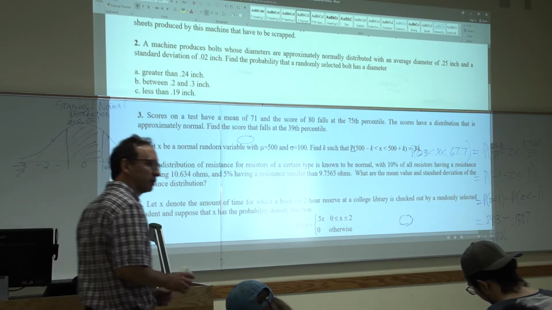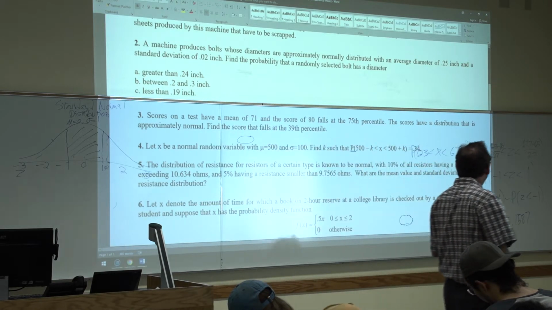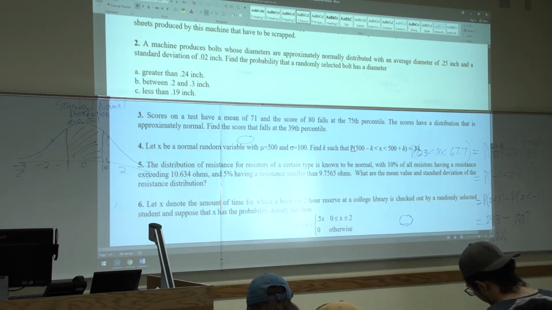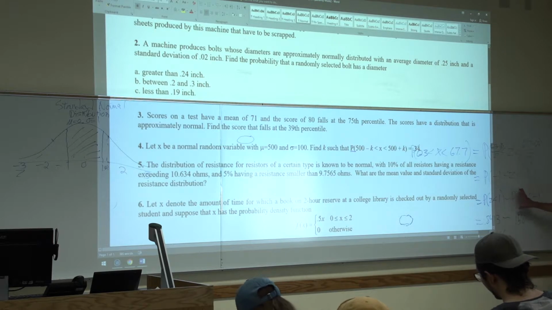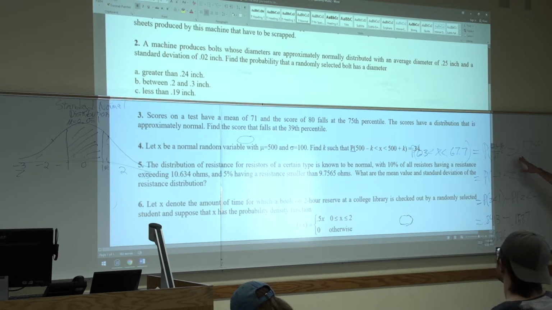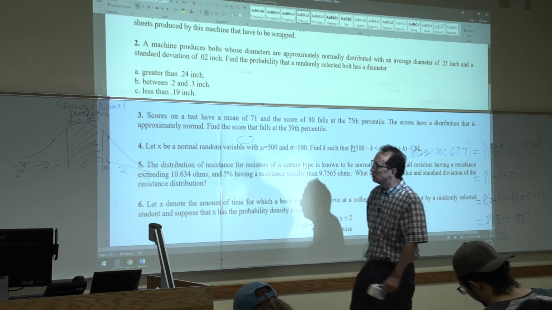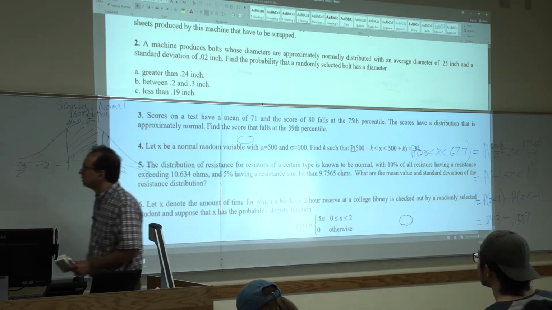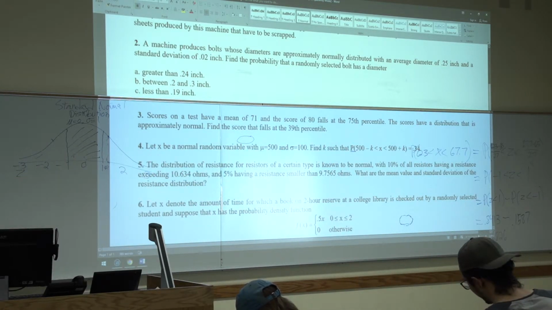I'll put the table back up in a second, but what I want you to do is write out a probability statement in terms of z. You're going to convert to your standard normal distribution. So does this make sense, what we're doing here?